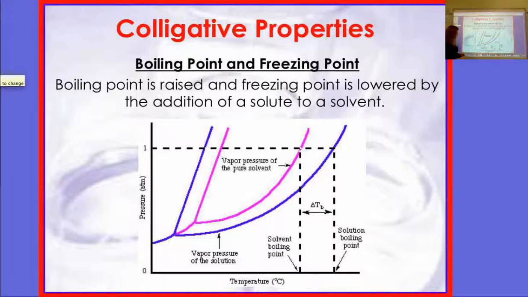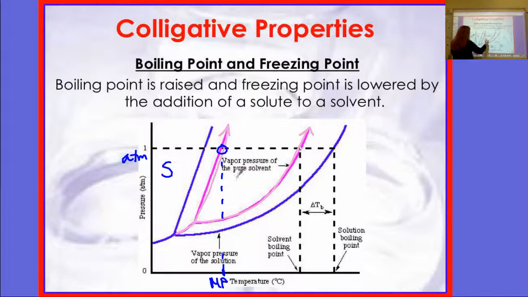Here's what it would look like on one of our phase diagrams. This is the vapor pressure of the pure solvent. And what actually happens is it just widens the graph. Instead of 1 atm, right, that's my normal pressure. This would be my melting point, because this is my solid, again, liquid, gas phase. So when does the solid change to a liquid, my normal melting point, what actually happens to it?